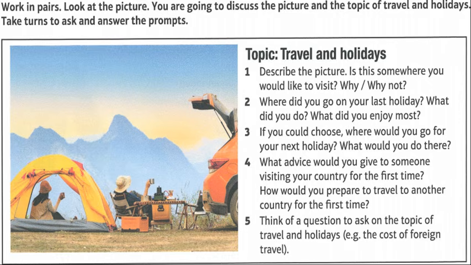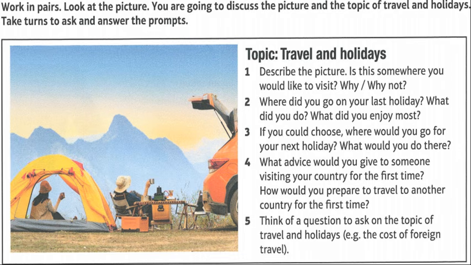Here's an example from the IGCSE ESL textbook. You can see there's a picture there and some questions beside it. It will always start with describe the picture, or the examiner will say something like, can you start by describing the picture?